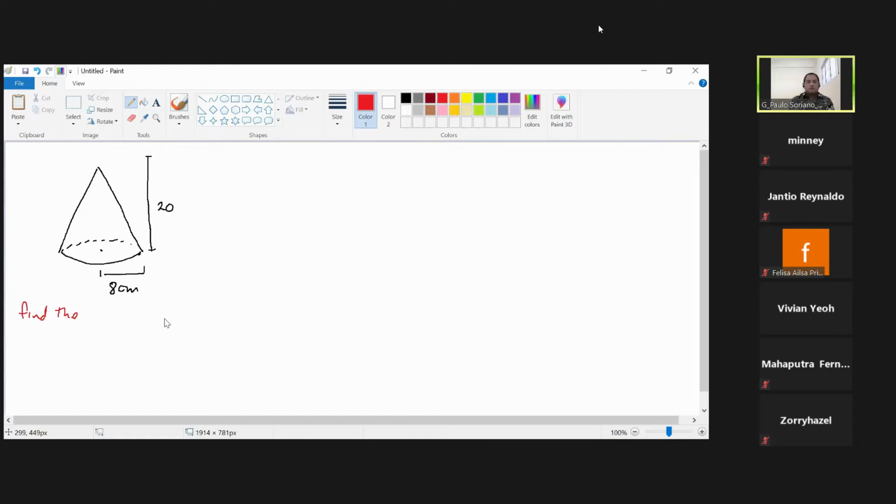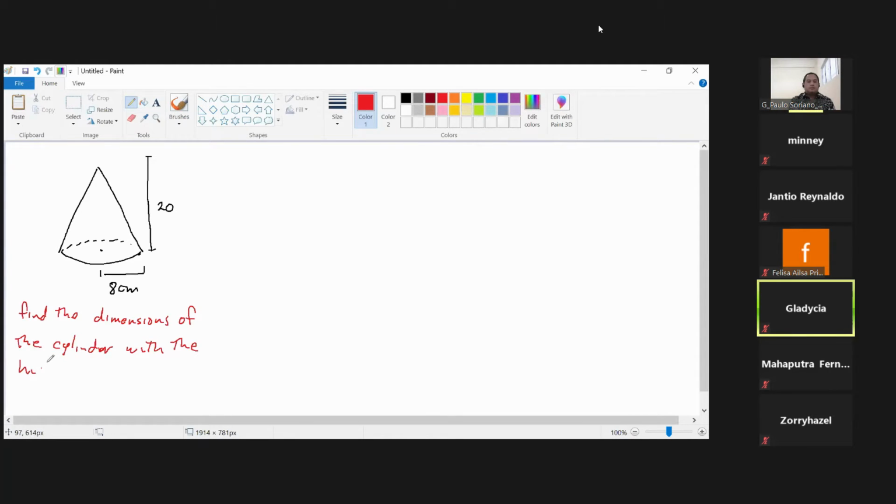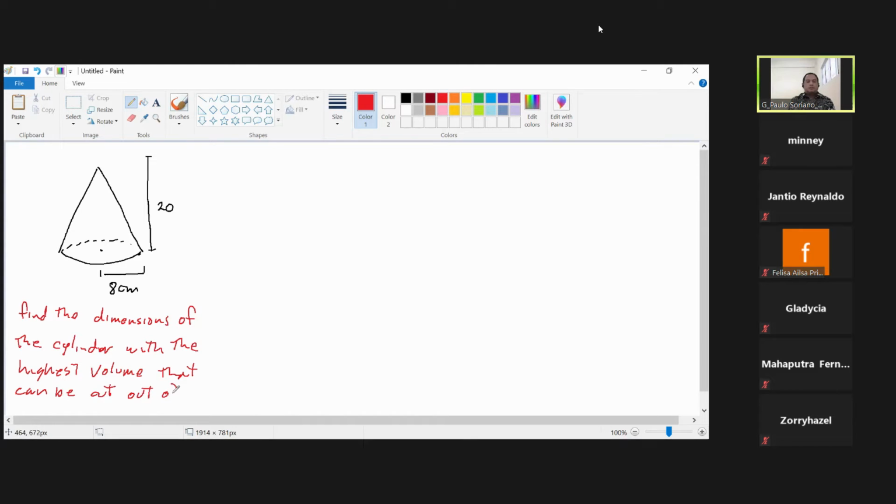The dimensions. Find the dimensions of the cylinder with the highest volume that can be cut out of the cone.